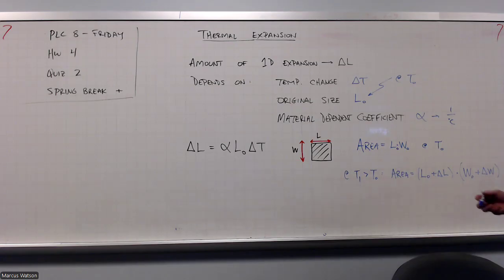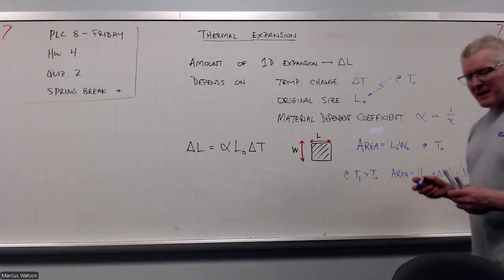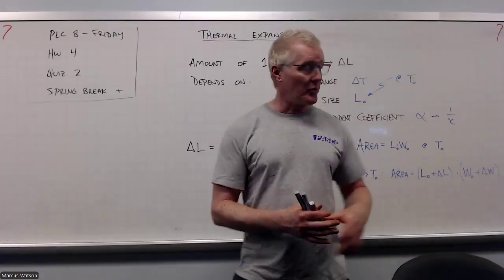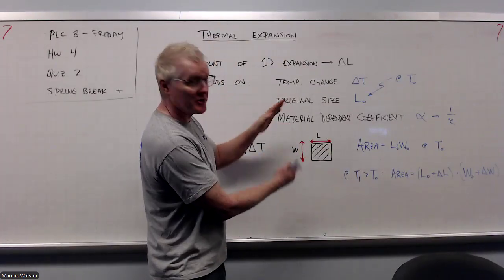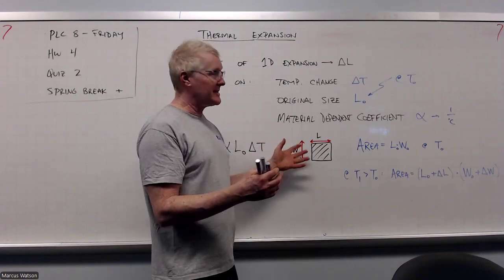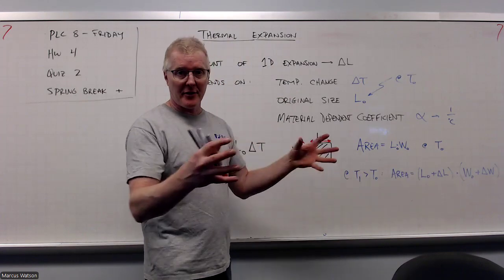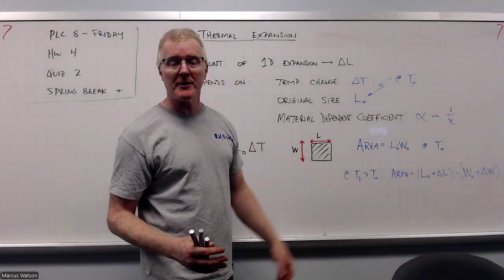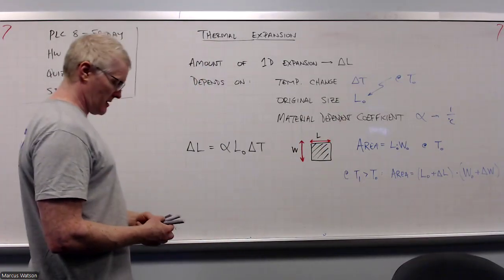And so in some sense, you can use the idea of 1D expansion twice in order to account for the expansion of this thing in two directions. And the same would be true for volume. Were I to deal with a cube, I could have a third term on the end of that, okay?